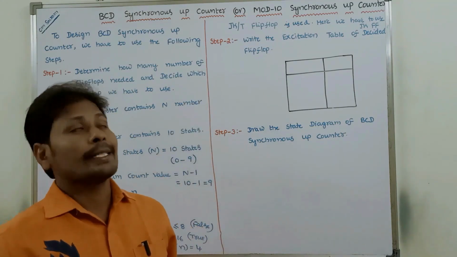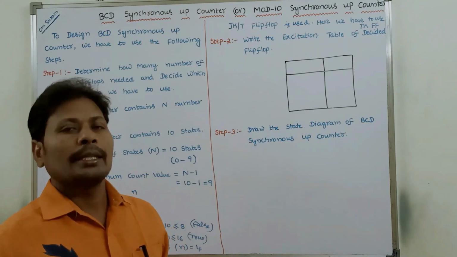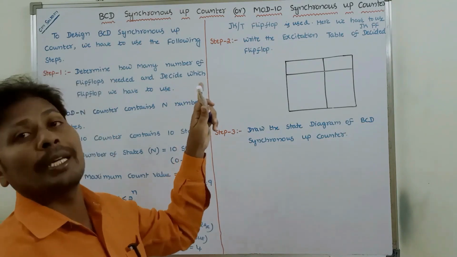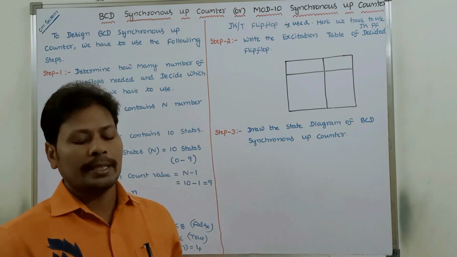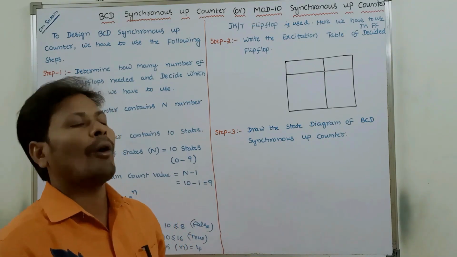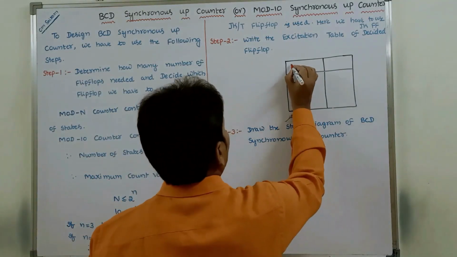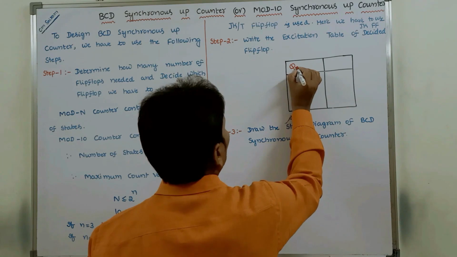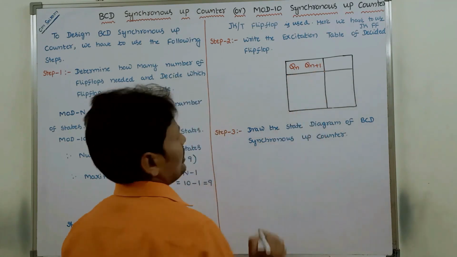Write the excitation table of the decided flip-flop. Here the decided flip-flop is JK flip-flop. Now we have to write the excitation table of JK flip-flop. In the excitation table, the inputs are present state and next state.